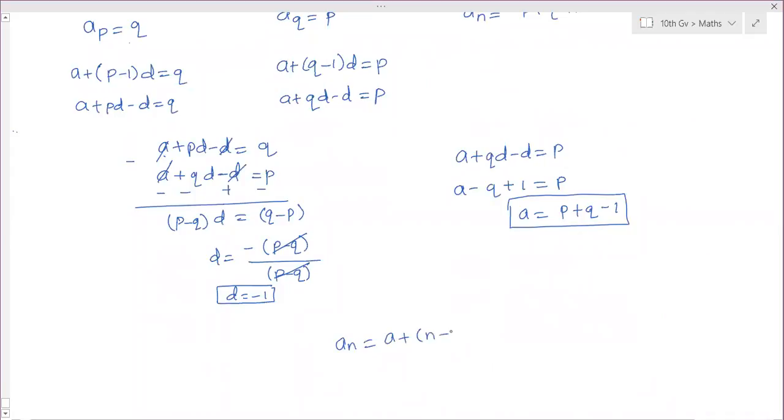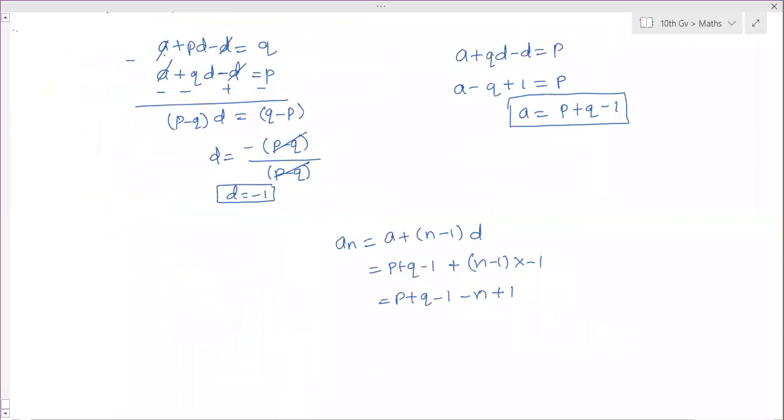A plus N minus 1 into D. A is P plus Q minus 1, and D is minus 1. So when you are multiplying with minus 1, P plus Q minus 1 minus N plus 1. So minus 1 plus 1 cancel. Answer is P plus Q minus N.